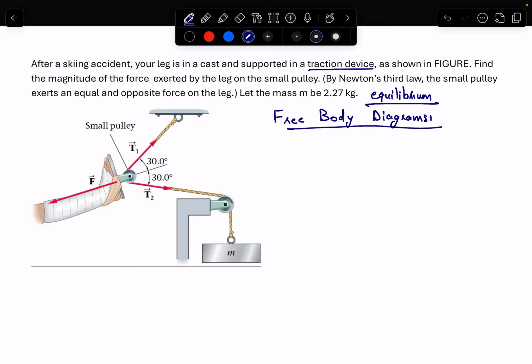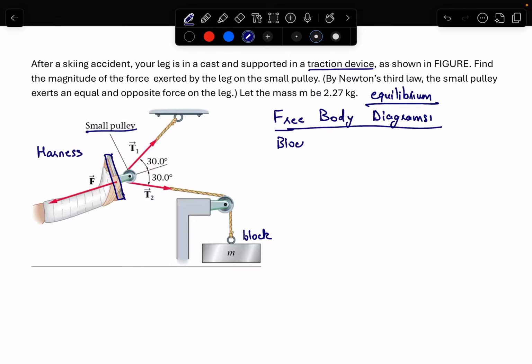First, I'll name everything. This is my block. This is my small pulley. And this is my, let's call it my harness, right?